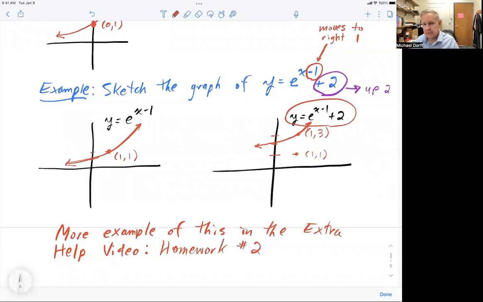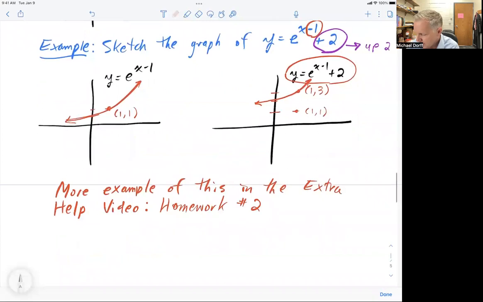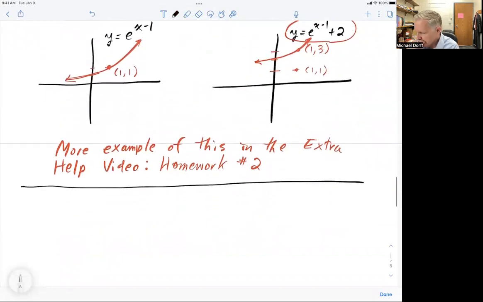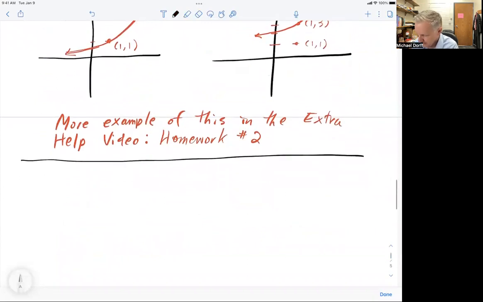So if you want some extra help on this type of concept, look at that video. It goes through and explains how to do this in a little bit more depth. Likewise, this is homework number 2. What's homework number 1? Homework number 1 is like the initial problems we did where we used those laws of exponents. So you can go back to either of those videos if you need some extra help with the homework, or if you want to just check it and look at some more things.